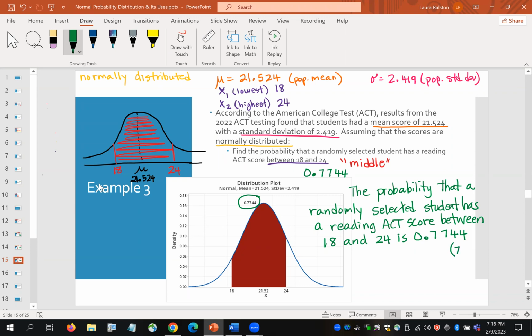Again, if we convert that to a percentage, it would be about 77%.